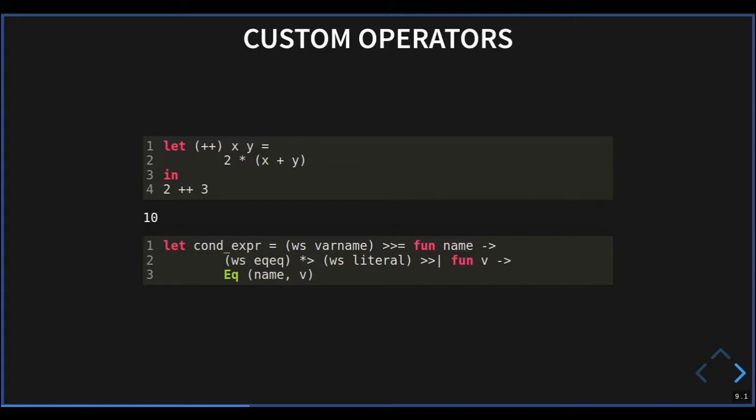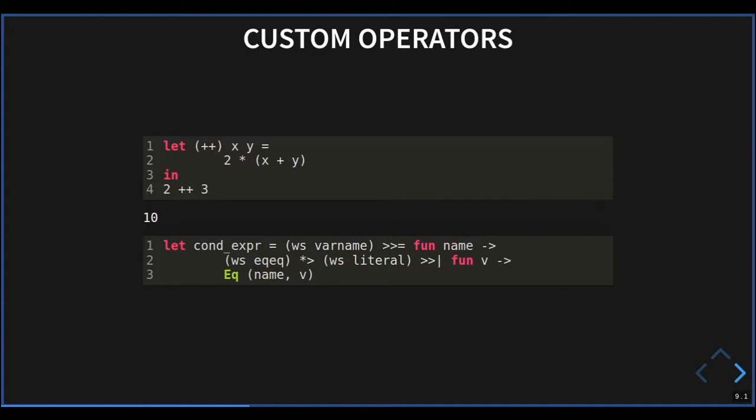So what this code basically does is it is used to parse a variable name followed by a double equal sign and then some string literal. So we have this parser var name, and it parses the variable name, and here we have a custom operator provided by this library.